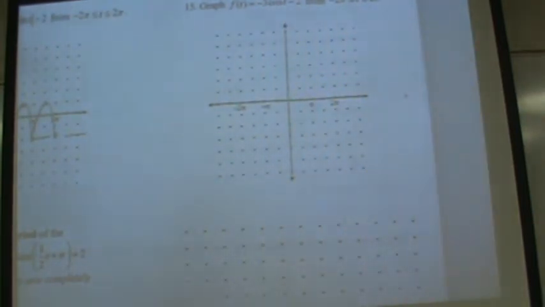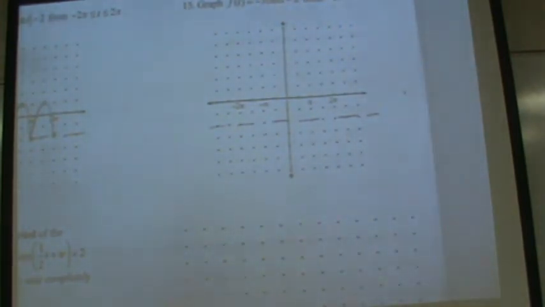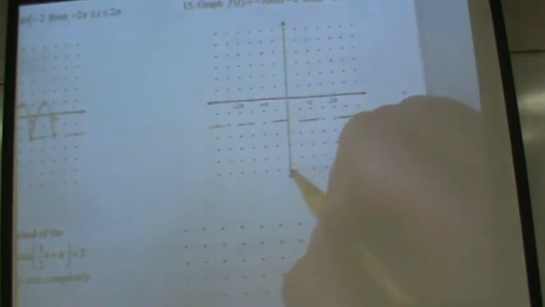So for 15, we have -3 cosine t minus 2. So we have a vertical shift down 2. And then we have our cosine curve, but it's going to be the reflection of our cosine curve. So normally we would start above, but in this case we're going to start below.